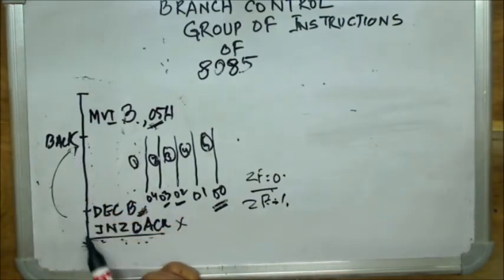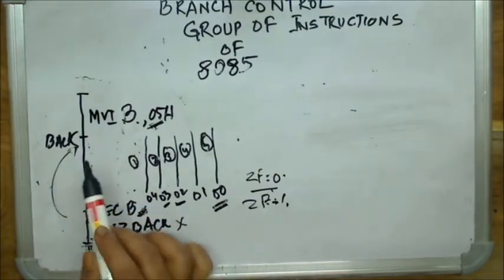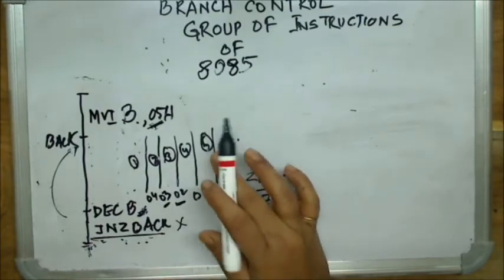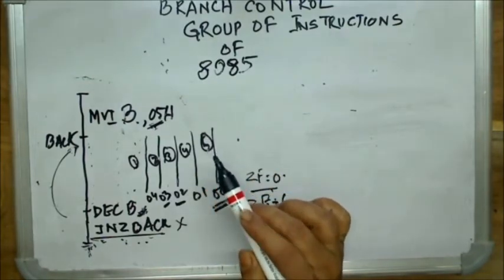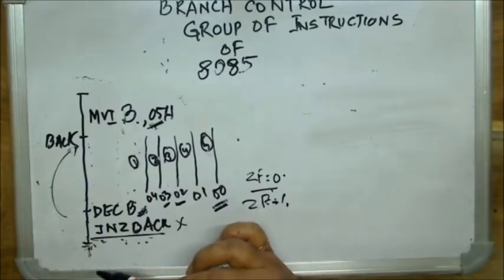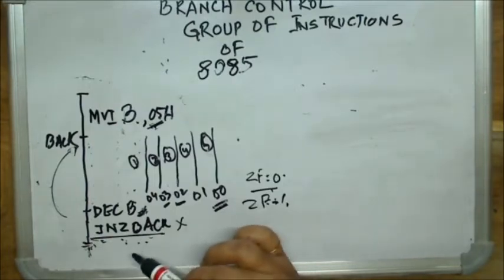It will come out of the loop and execute the instruction stored in the next memory location. So after it completes 5 iterations, it will come out of the loop and go ahead. This is how we make a loop. Is it not simple?